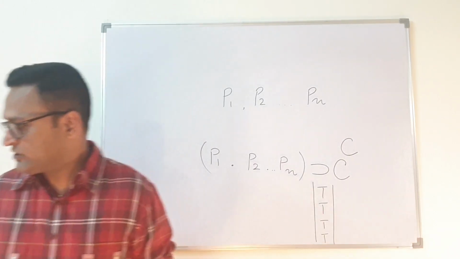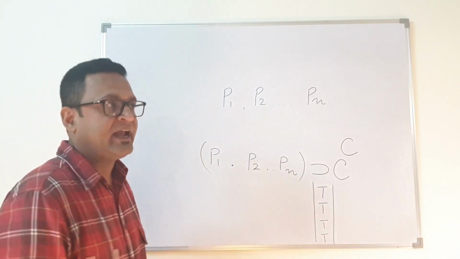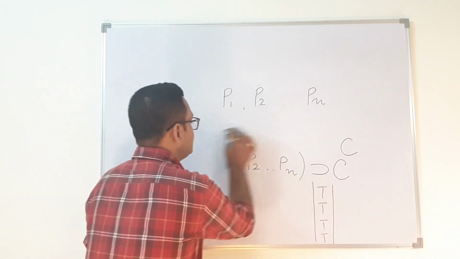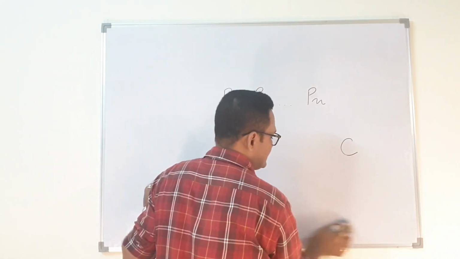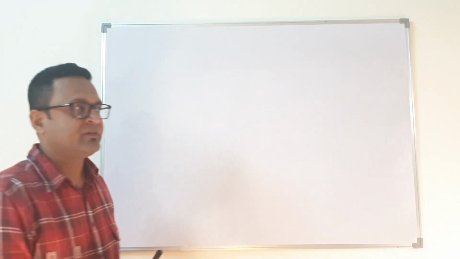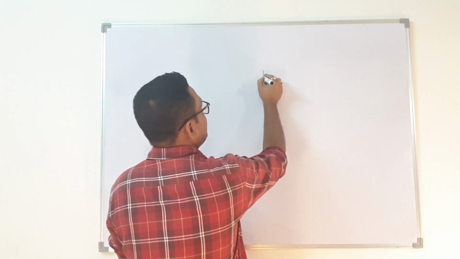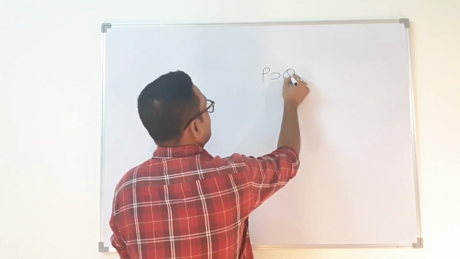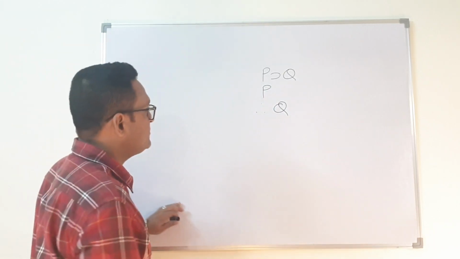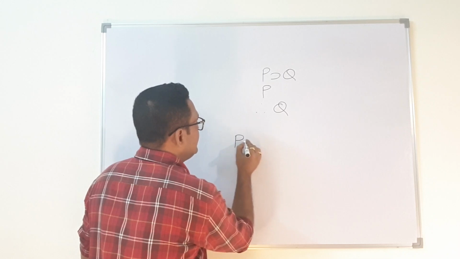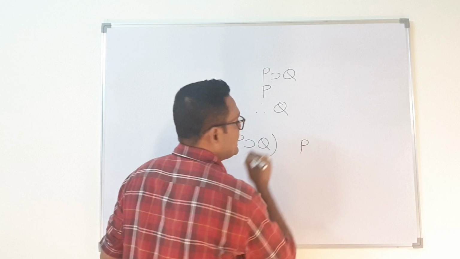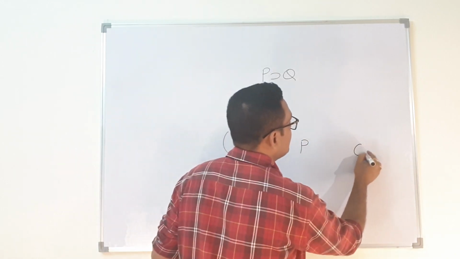Now, let us check it with the help of an example and see how this comes out. I take a very simple argument, one we have taken before as well: P implies Q, P, therefore Q. P implies Q is one premise, P is another premise, and Q is the conclusion.